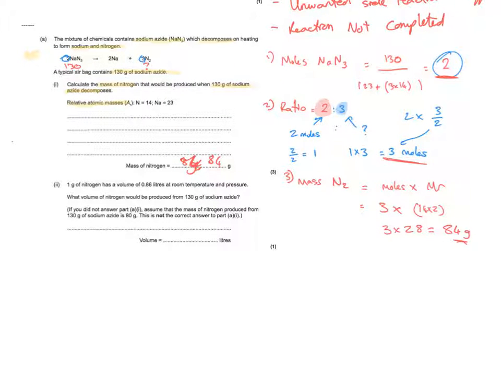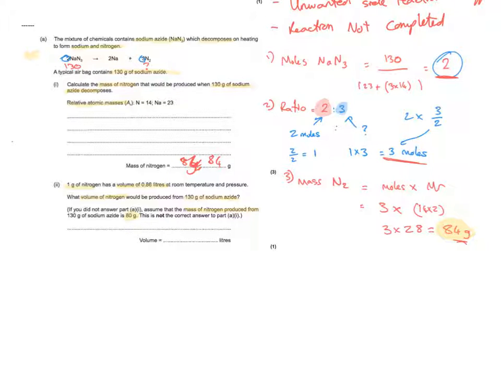Final question. 1 gram of nitrogen has a volume of 0.86 litres at room temperature and pressure. What volume of nitrogen would be produced from 130 grams of sodium azide? If you didn't get your answer, assume that the mass of nitrogen produced is 80. So again, if you didn't do the bit before, you can still use this number 80, whereas we know the actual answer is 84.